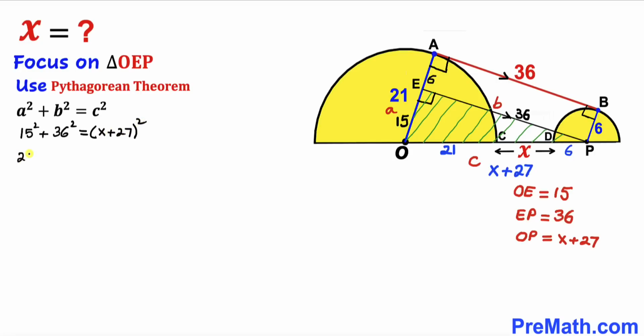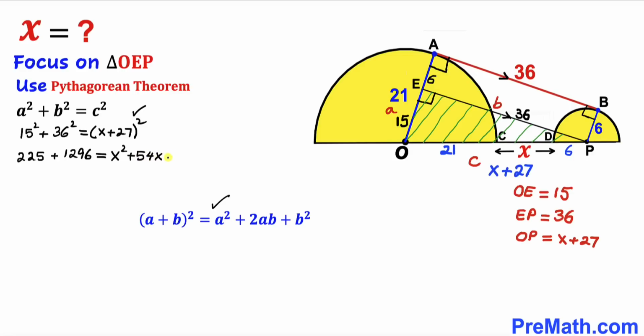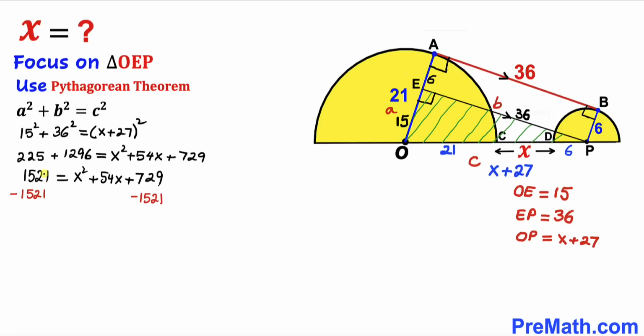That is going to give us 225 plus 1296 equals, and now let's recall this famous identity, (a plus b) whole squared equals a squared plus 2ab plus b squared. We are going to apply it on the right hand side on this binomial. So that is going to give us x squared plus 54x plus the square of 27, which is 729. Now let's go ahead and subtract 1521 from both sides.